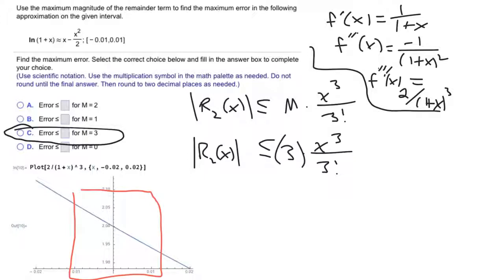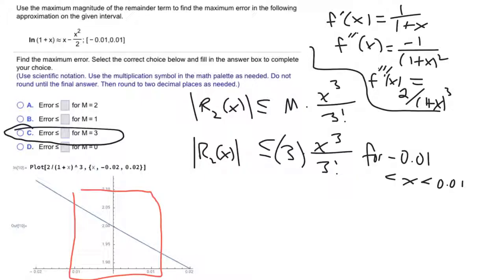And so to get the upper bound on the error that works for all these things, I just have to think about what is the very biggest this can be when x is between negative 0.01 and 0.01. And since it only involves the x cubed function, it's pretty clear that the biggest that will be is when the x is as big as it can be. So the largest that x can be is 0.01.